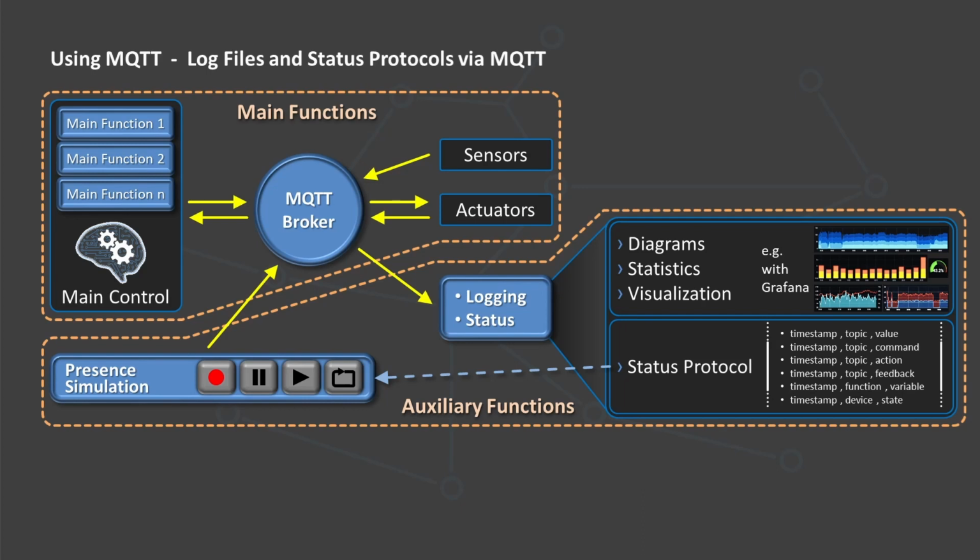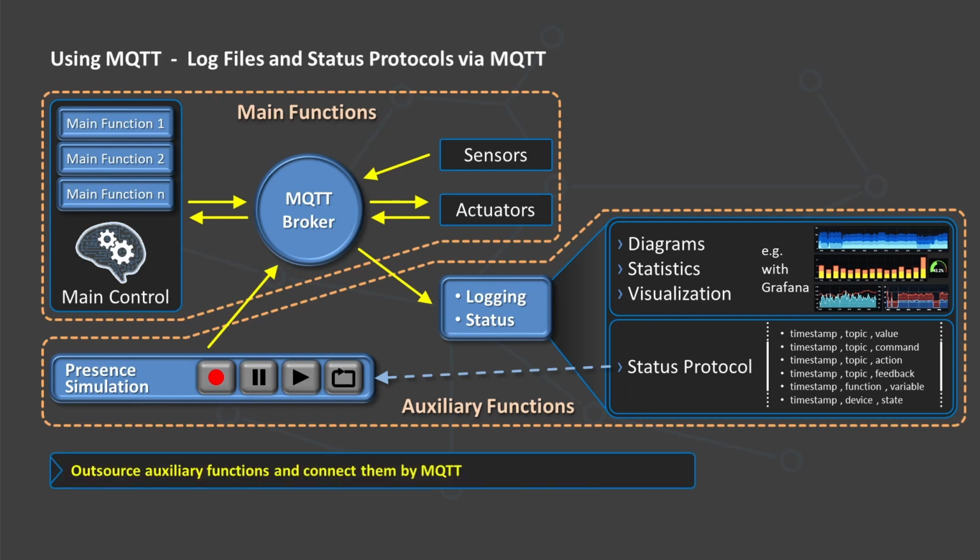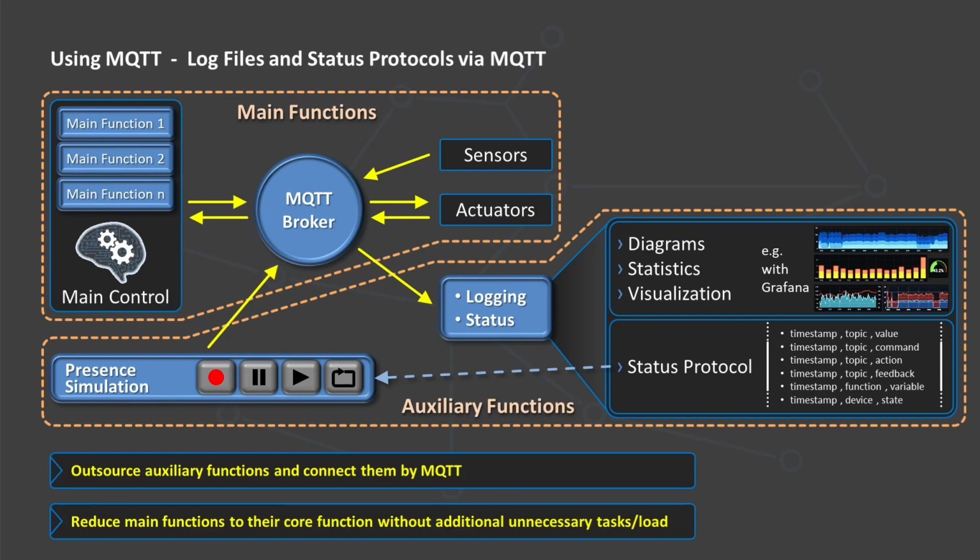So we must strictly separate and outsource the auxiliary functions and connect the interfaces strictly by MQTT. As a result, the main control programs will be reduced to their very basic function logic without the hassle of handling hardware interfaces or any tasks that are not directly related to their core function.